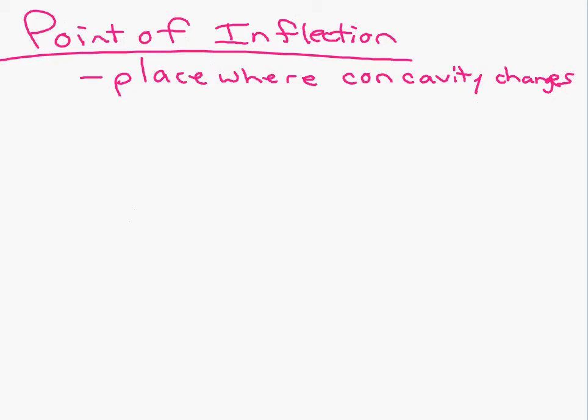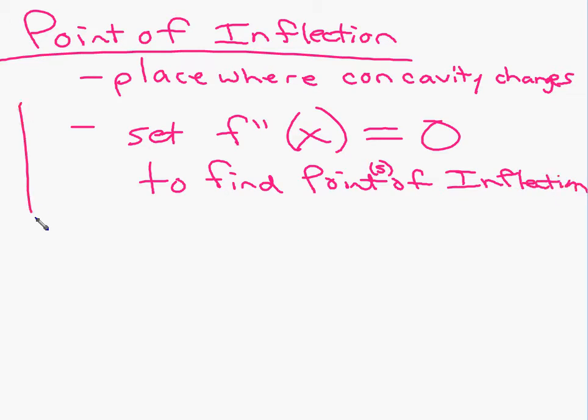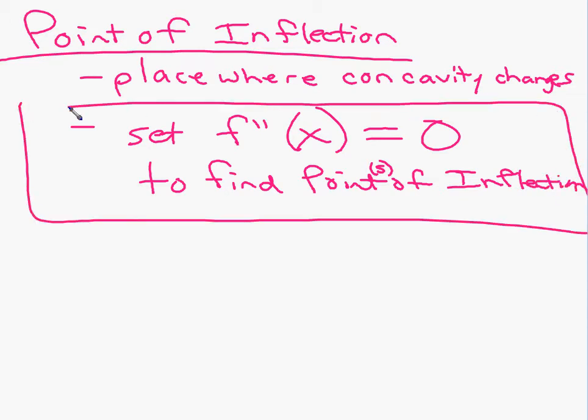So to find the point of inflection, set the second derivative equal to 0 to find the points, sometimes it's going to be points of inflection. I'd put a big box around that. Seems like, for whatever reason, people forget how to find points of inflection.